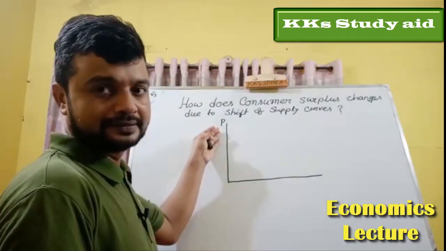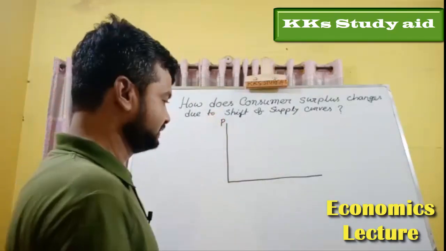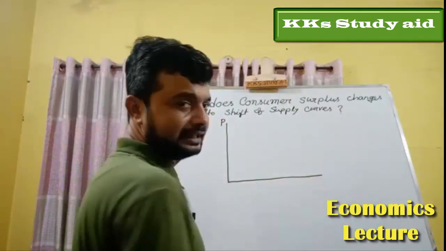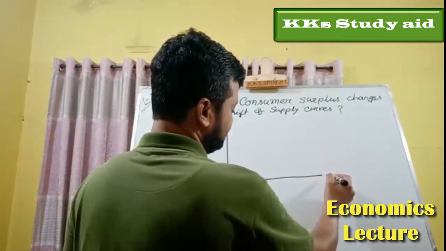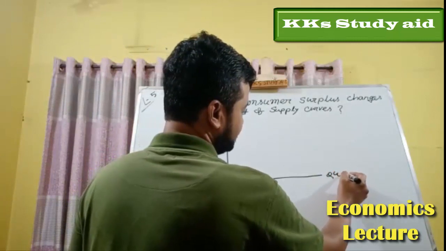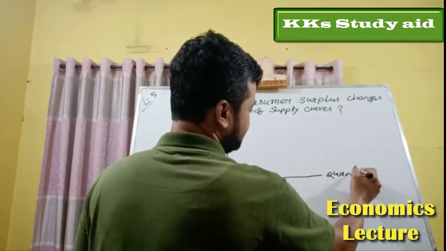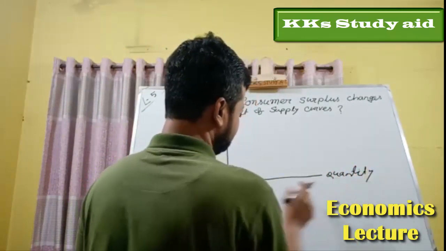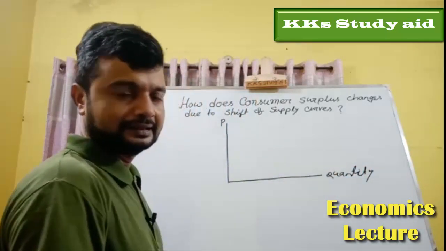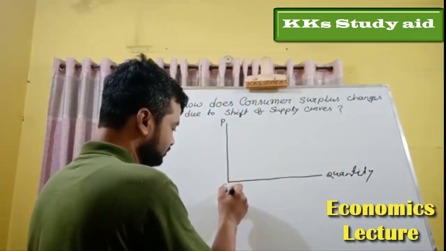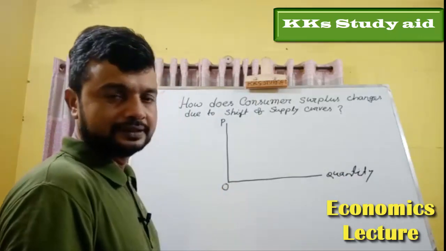Price is always measured here on the vertical axis, and this is the horizontal axis. Quantity is always measured on the horizontal axis, and here is the point of origin, we call it 0.